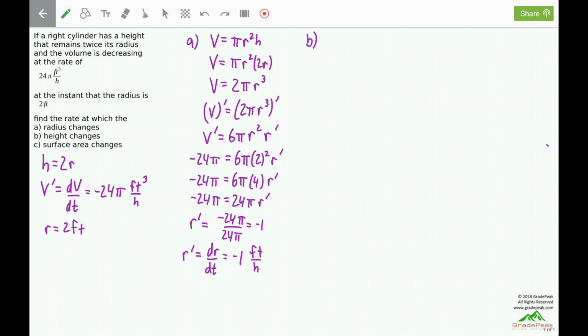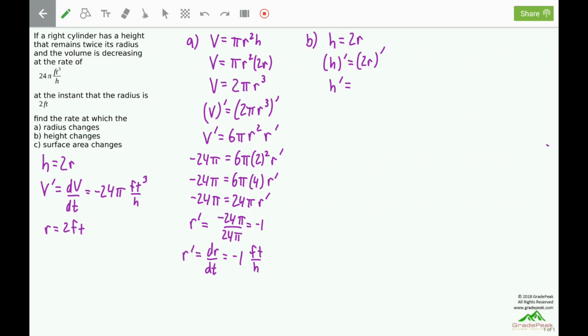For part B, we want to find how the height changes. In order to do that, we need to have a relation of height to either the volume or the radius. And we actually have a simple relation between the height and the radius, because we know the rates for the volume and the radius, so we would want to relate the height to one of those two that we know a rate for. But the simplest is going to be the height is just twice the radius. There's the related variables equation. We can find the related rates equation by taking the time derivative of both sides. The derivative of h is 1, but then times h prime.